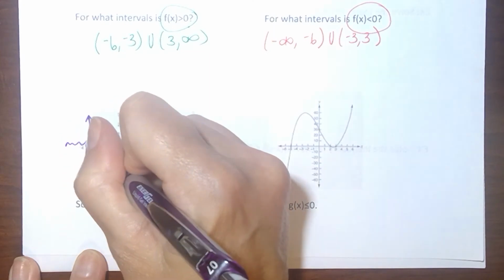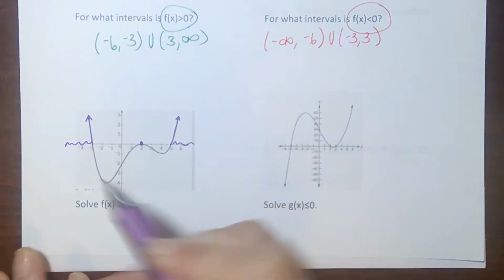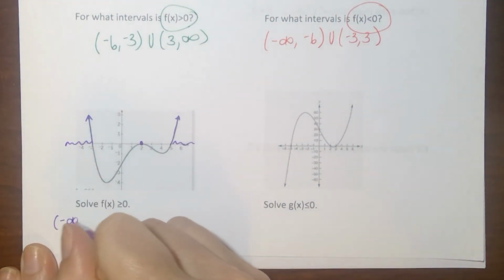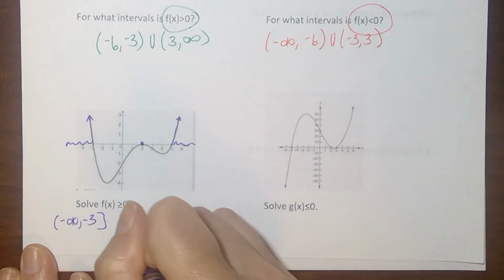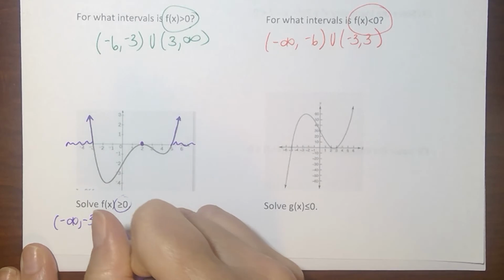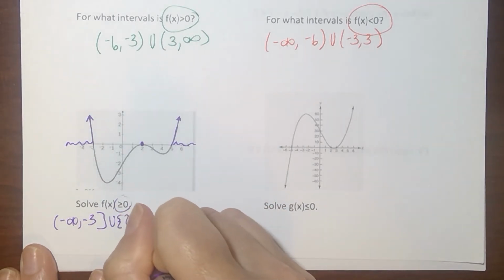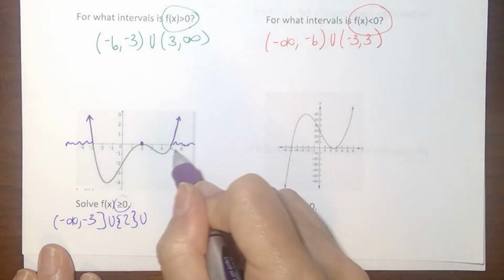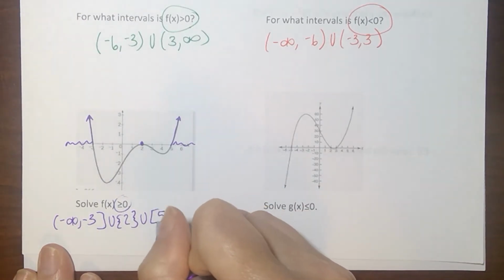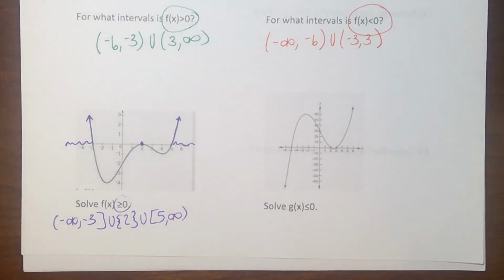My function is greater than or equal to 0 for all x values from negative infinity up to, and that looks like negative 3, and because it's or equal to, it's inclusive. Or that single value at 2. So if I have a single value, I put it in fancy braces. Or from 5 inclusive to positive infinity.